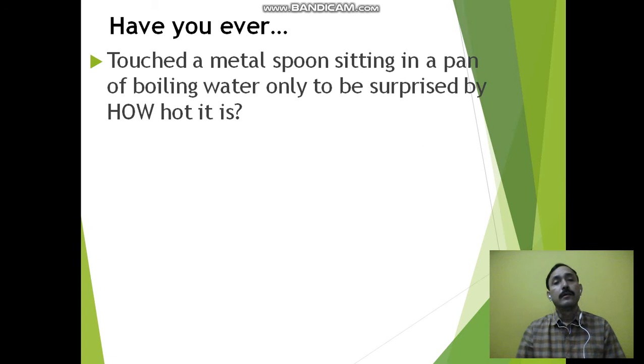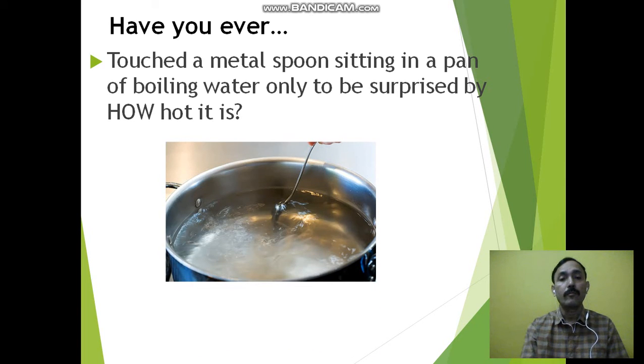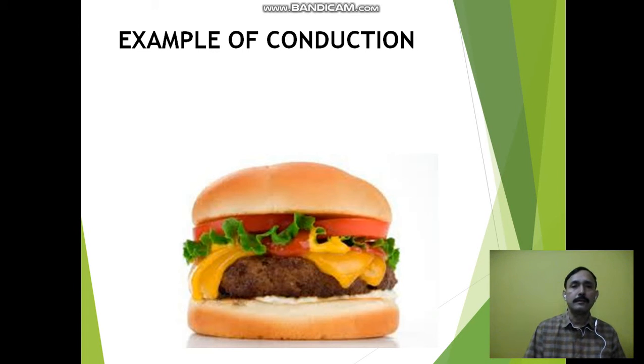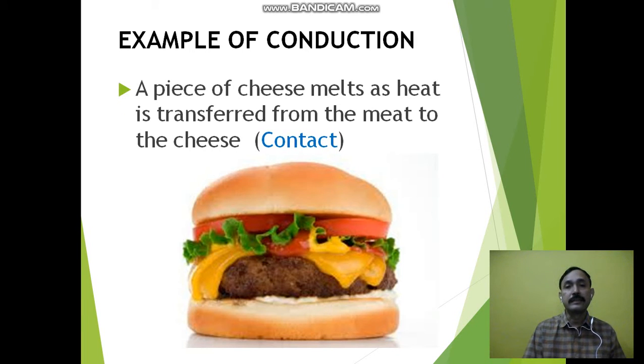Have you ever touched a metal spoon sitting in a pan of boiling water, only to be surprised by how hot it is? Example of conduction: a piece of cheese melts as heat is transferred from the meat to the cheese. That means these two are in contact. That's why the cheese melts.